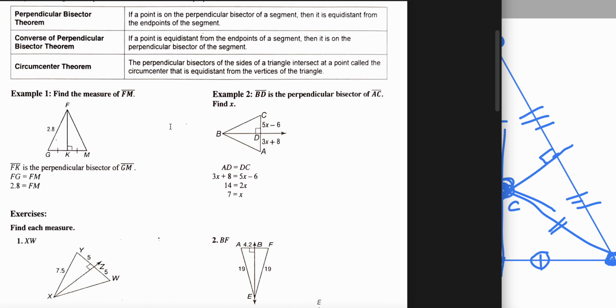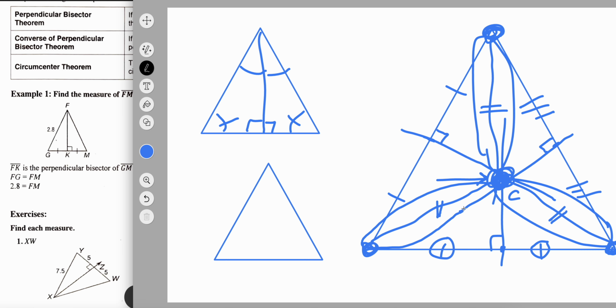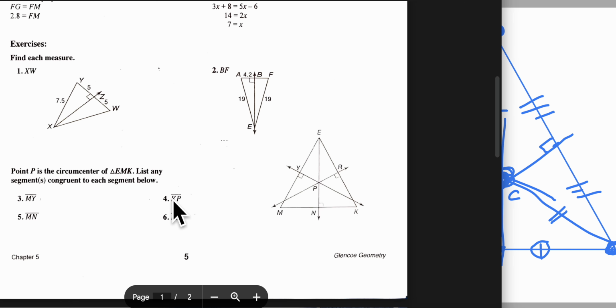Well, we go back over here to the circumcenter theorem, which states that the circumcenter is equidistant from the vertices of the triangle. So if we're looking at this figure, it's this distance congruent to this distance, congruent to this distance over here. All right, so that's how you're going to figure out number 4. And I'll go over the answers in the next video.